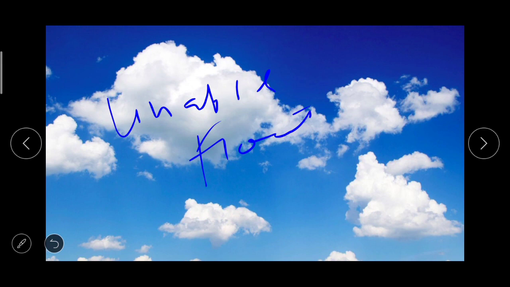So, they fall in the form of rain. Sometimes the air in the clouds is very cold, and because of this, these drops freeze and fall in the form of hail, and we call them hailstones.